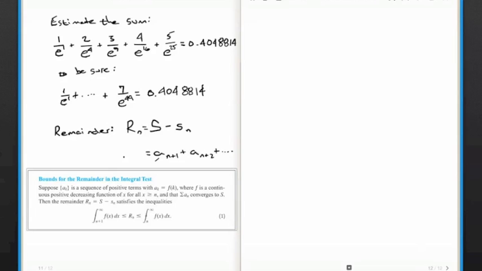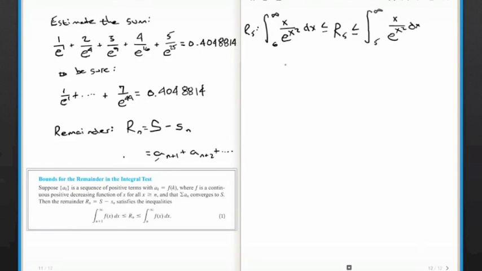So if I stick that in there, for my 5th term, r sub 5 is going to be pinched somewhere between the integral from 6 to infinity of x over e to the x squared dx, and the integral from 5 to infinity of x over e to the x squared dx.